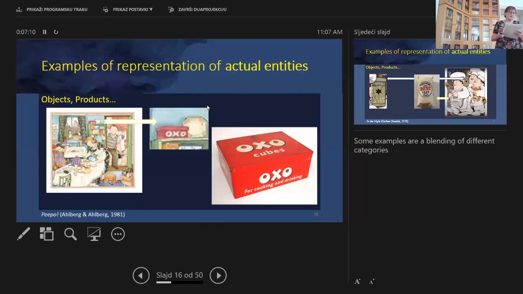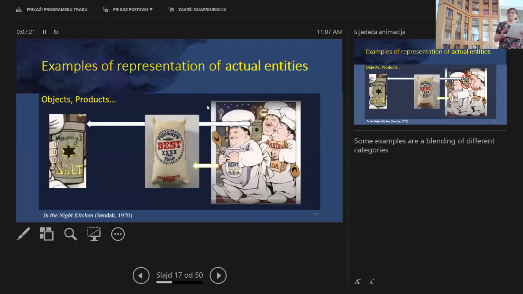This slide shows how a depiction of a real product indicates the setting and makes the story more convincing. Another example: I found the real-world referent of the sack of flour, but I couldn't find Woody salt with or without this indicative star.